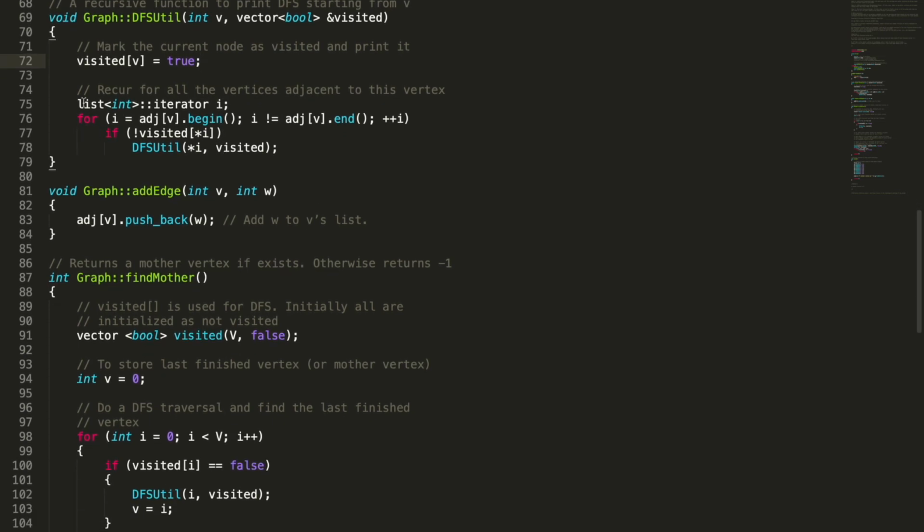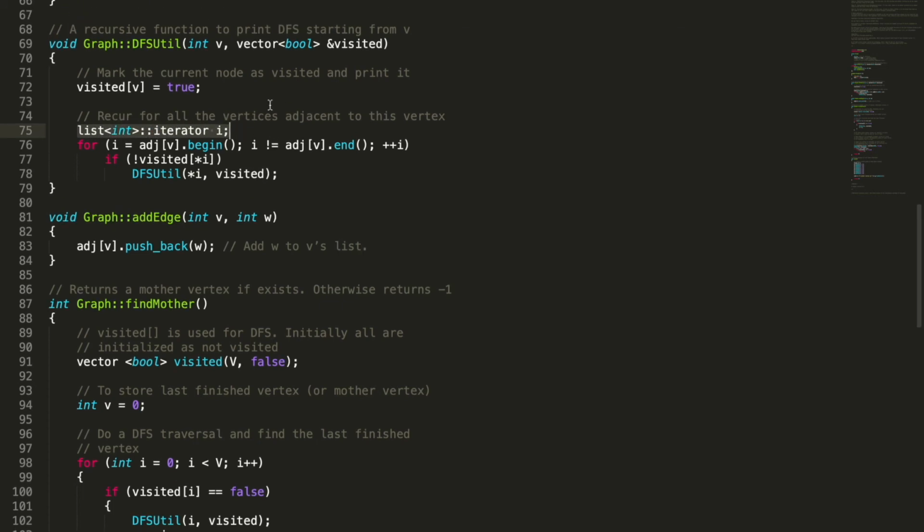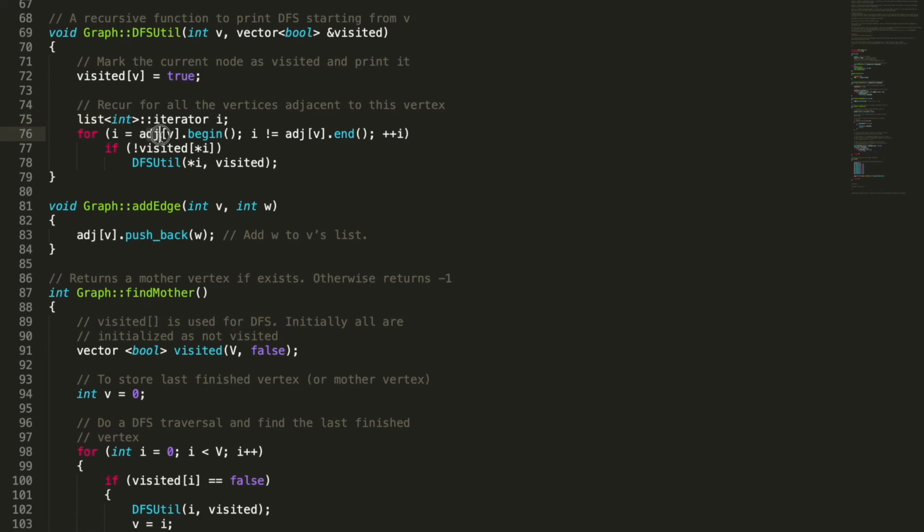After that you are going to iterate the entire adjacency list of that particular vertex using our iterator i that we have created here for this list. So i is going to start iterating over the entire range of the adjacency list of that particular v that we have passed here.